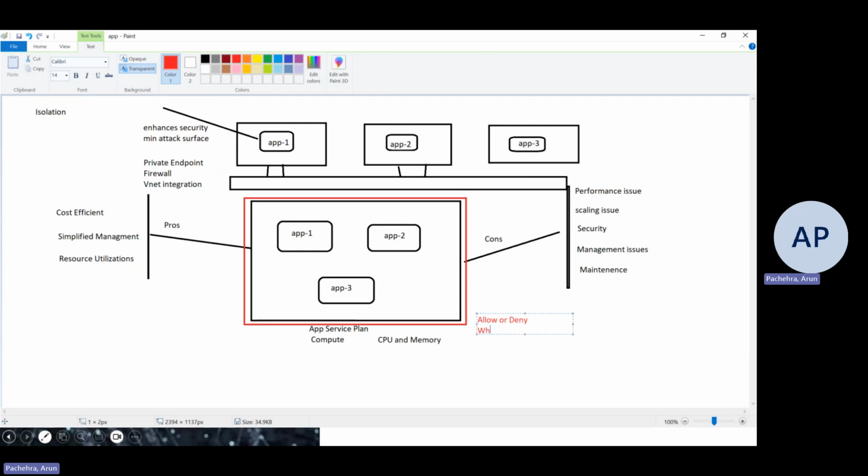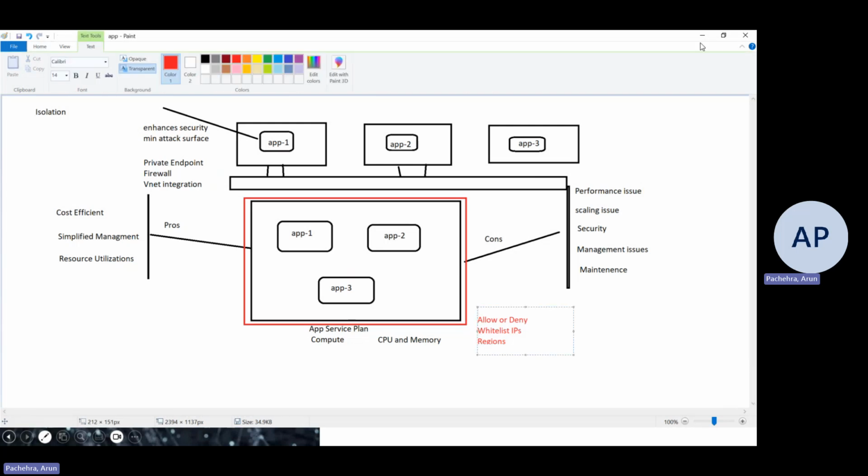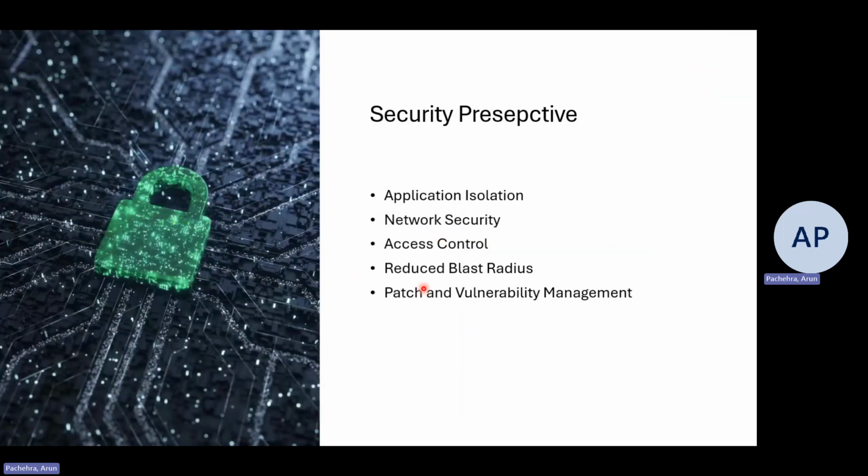We can whitelist IPs, or we can do it by regions. So if these applications have different needs, this is the right way to go. And if they don't have different needs, but you have put all these applications in a single plan, then you have to compromise on this aspect. This is what it actually means.